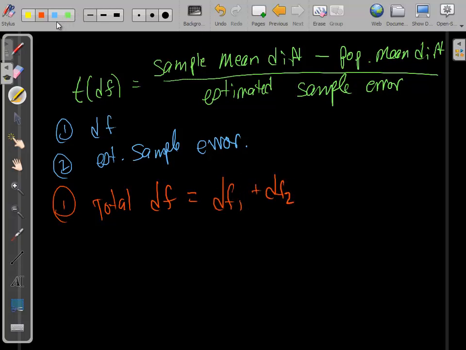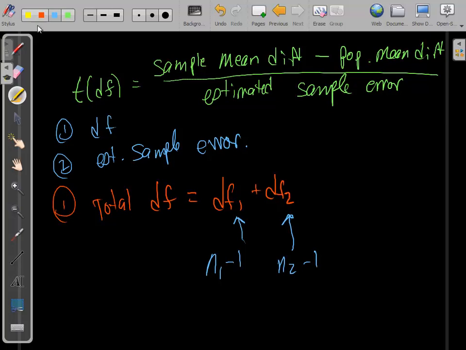Okay, and the reason for this one, we have two different samples and we throw out one, n1 minus 1. This one is n2 minus 1. So we're effectively throwing out two observations, and this is coming from the fact that we have two sample variances that we're measuring, and so we throw out one observation for the first sample and we throw out a second observation for this second sample.